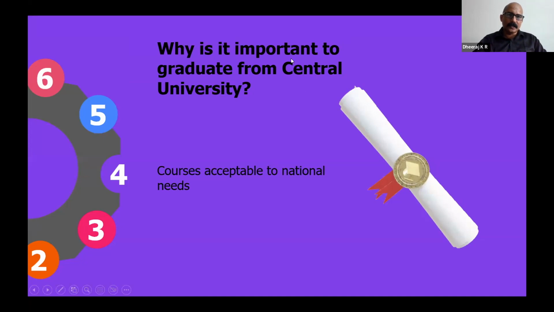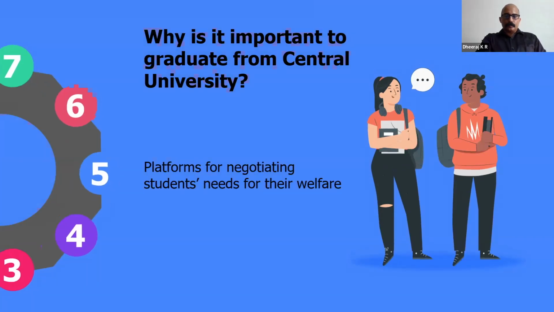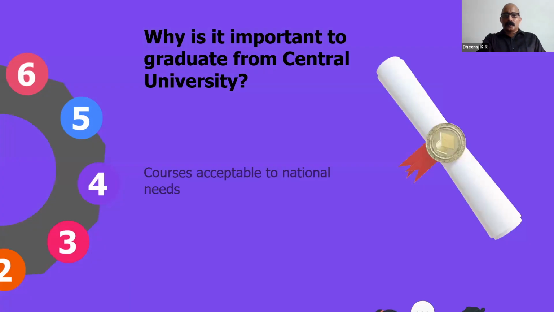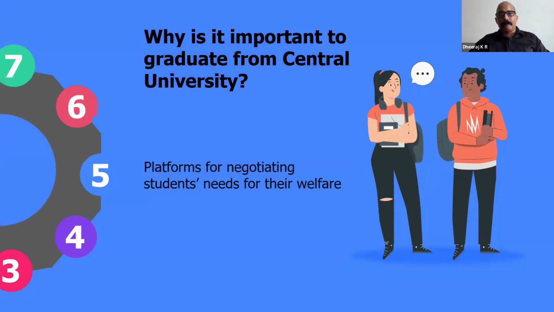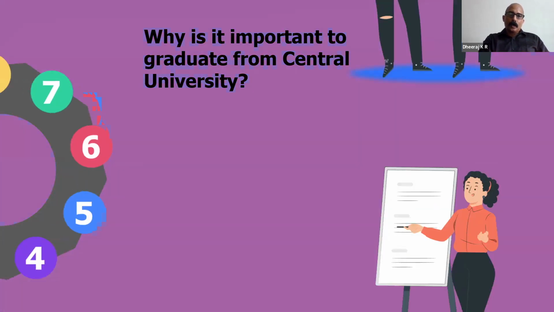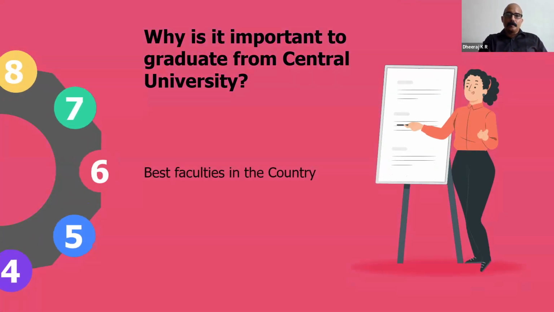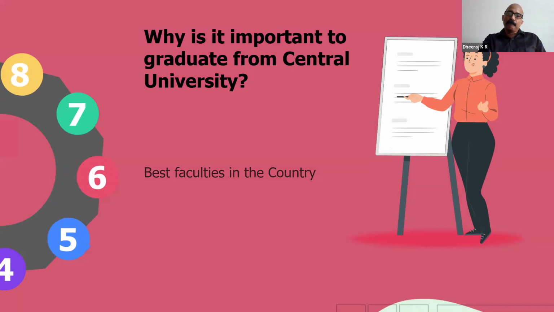Next slide, please. So if you see the student welfare side, they have a very good student help desk. And if you see the students' activities in politics also, there is a healthy relationship. And as I said, better faculties in the country.